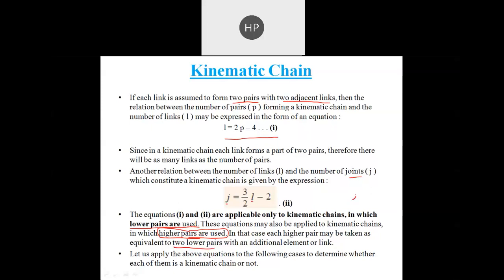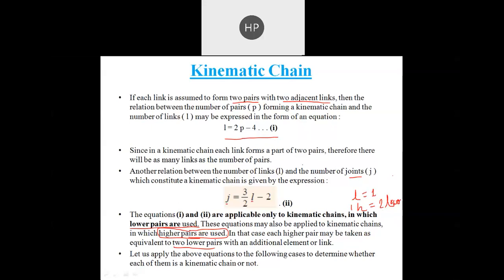In that case, each higher pair may be taken as equivalent to two lower pairs. When we have one lower pair, it is considered as 1. But if we have one higher pair, then in the calculation we have to consider it as two lower pairs.